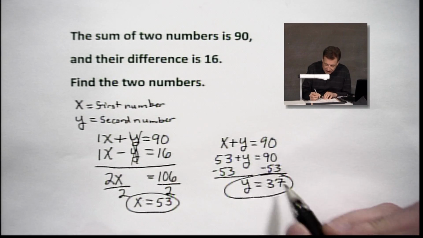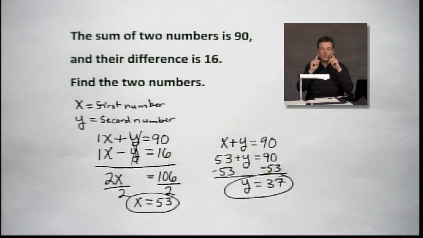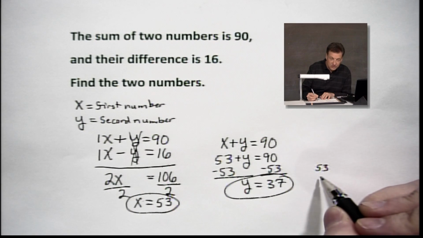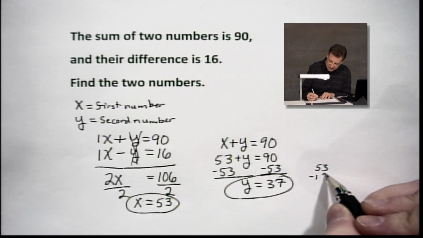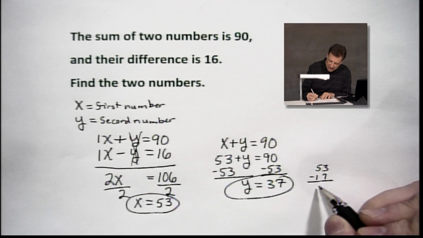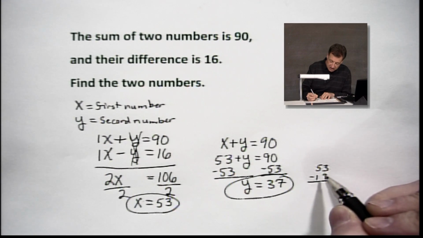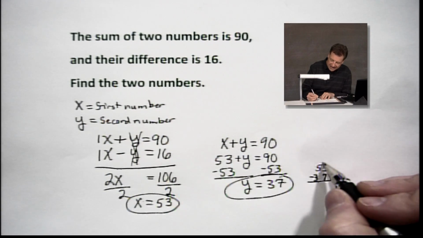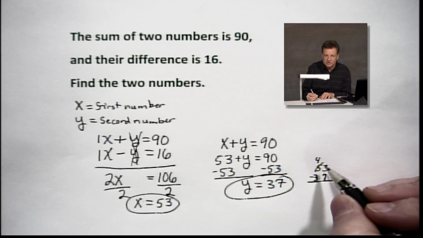Now, I know they add up to 90. The question is, will they subtract to give me 16? I hope they do, because that means we've got the right answers, and we should. So off to the side here, let's go through it. Let's see what 53 minus 37 is going to give us. I'm jumping the gun a little bit. I want 16. Reduce that down to a 4.